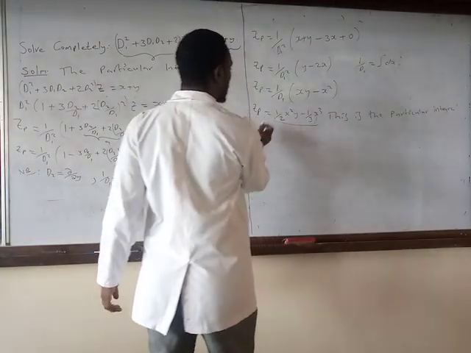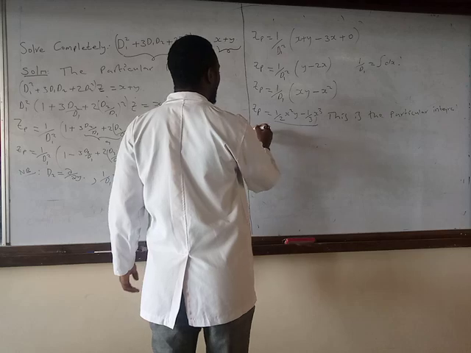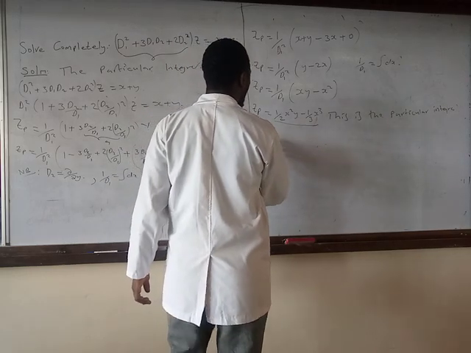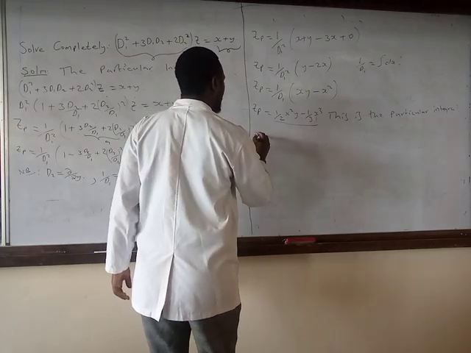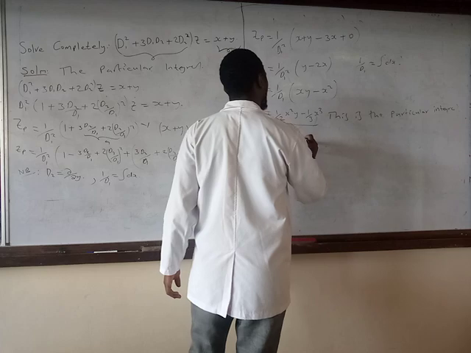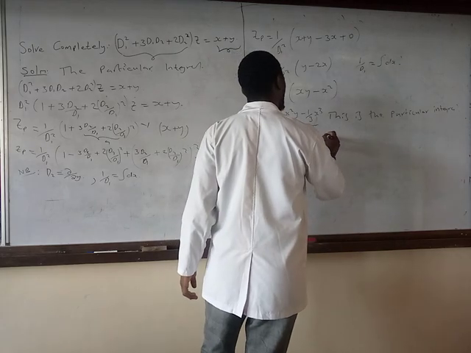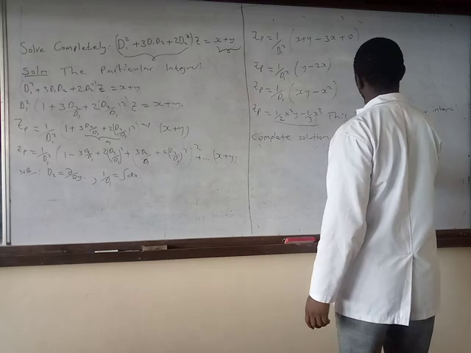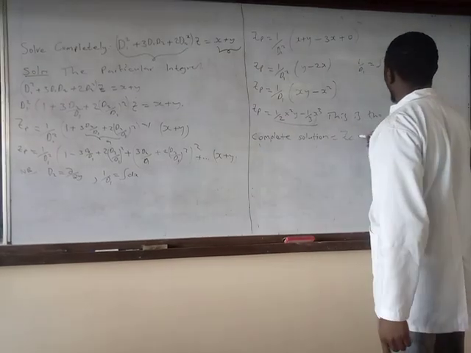So this is our particular solution, and to get the complete solution, you just add: the complete solution is equal to zc, the one that we got first, plus the particular integral.